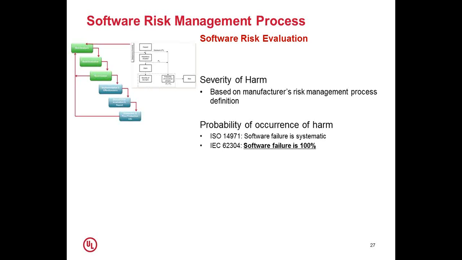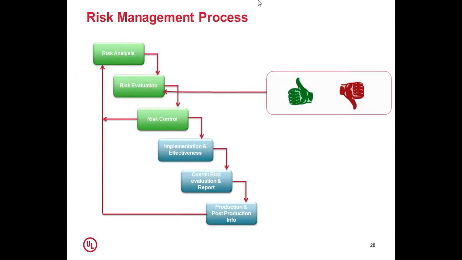But for probability, the software probability is going to be 100%, or probable or frequent. Based on the risk matrix which the manufacturer designs, a risk evaluation is done to determine whether it falls under a green region or a red region. If it falls under a green region, then it is acceptable, and if it falls under a red region, it is unacceptable.